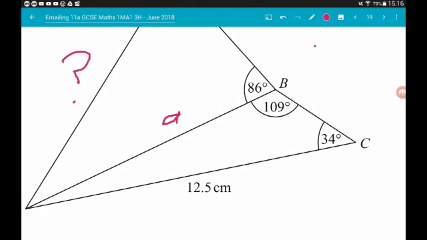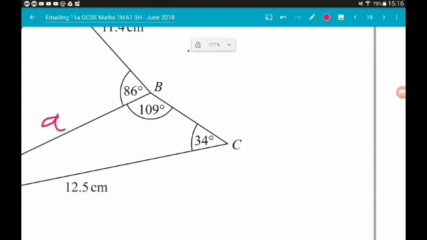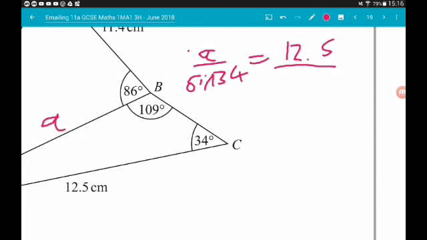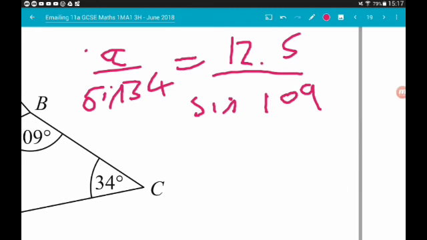So we can use the sine rule in this bottom triangle to work out this length BD. So for now, I'm going to call this length A. So by the sine rule, we know that A over sine 34 is equal to 12.5 over sine 109. Now we want to get A on its own, so we're going to multiply both sides by sine of 34.